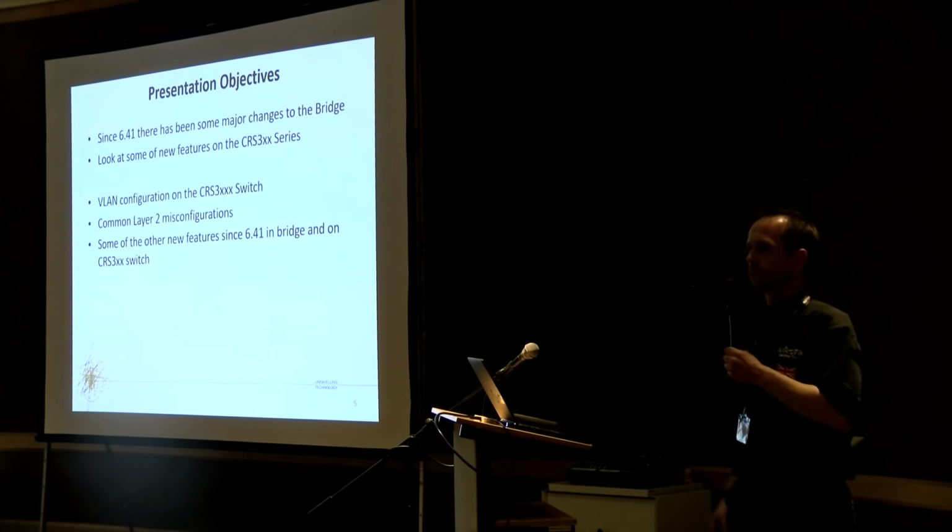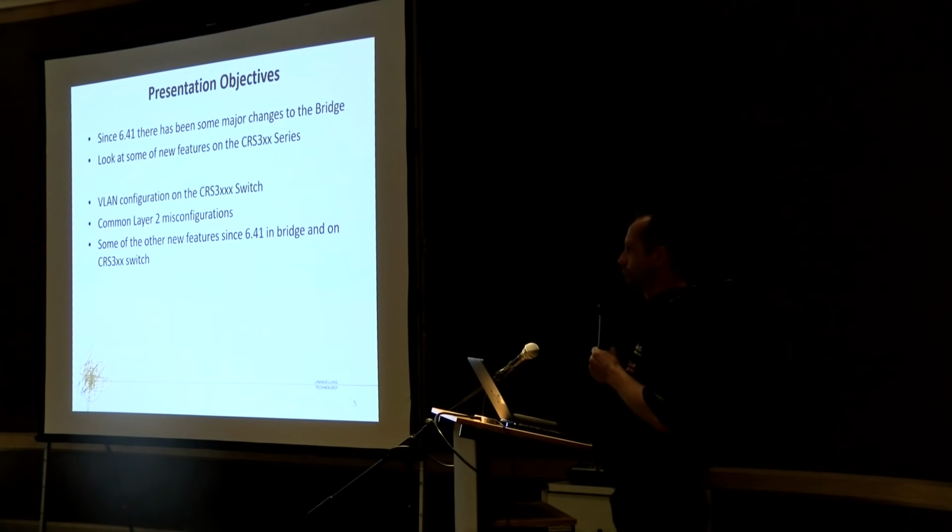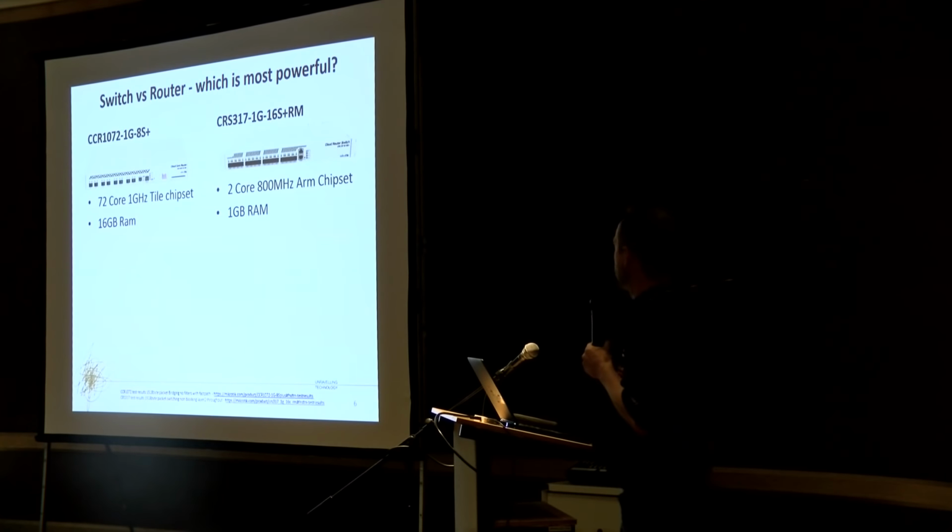Just before I go into this, looking at the 300 series units, we get a lot of people come to us and say, well, I've got this and it's not more powerful. So I thought I'd just do a quick comparison of two of the high-end units that we've used on a project recently and show that power and CPU isn't necessarily the best way to go.